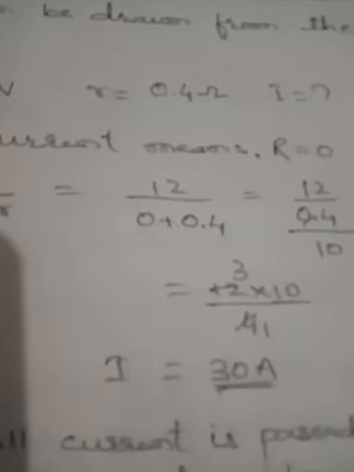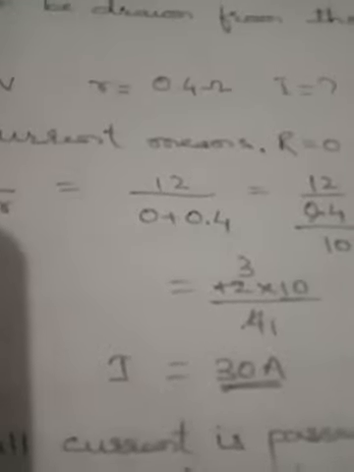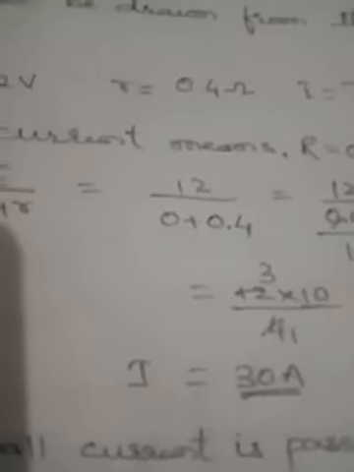So multiplying this, 4 3s are 12, 3 10s are 30. So current is there. So unit of current is what? Ampere. So how much amount of current is flowing? 30 ampere.